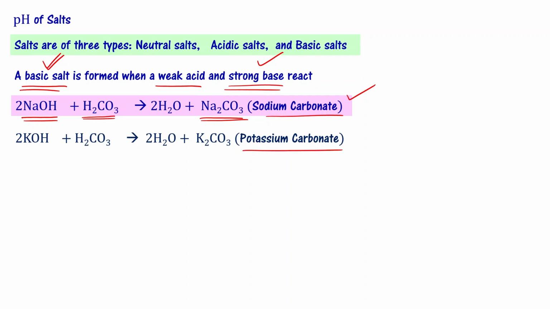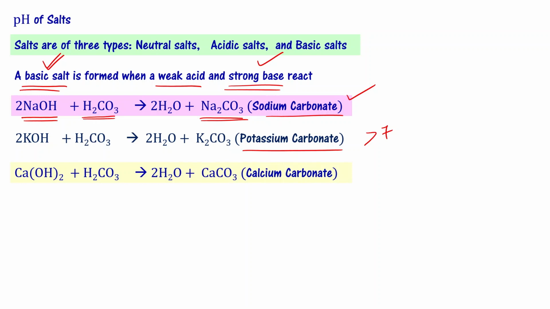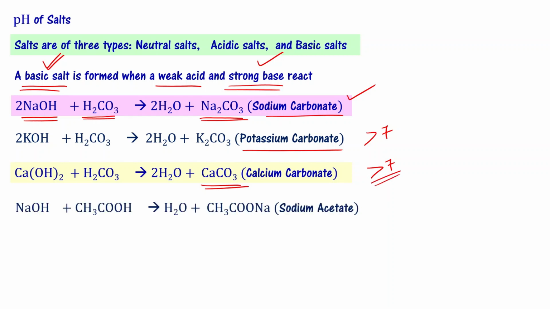Potassium carbonate is also a basic salt. Its pH is going to be greater than 7. Calcium carbonate is also a basic salt, with pH greater than 7. And you have sodium acetate, which is formed by the reaction between NaOH, a strong base, and acetic acid, a weak acid. When these two react, you get sodium acetate, a basic salt. Its pH is going to be greater than 7.